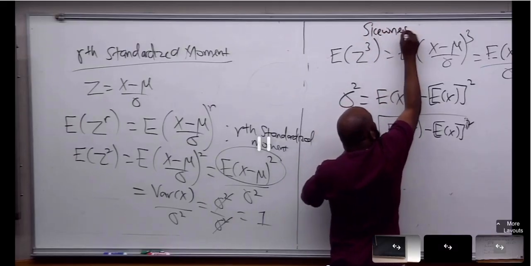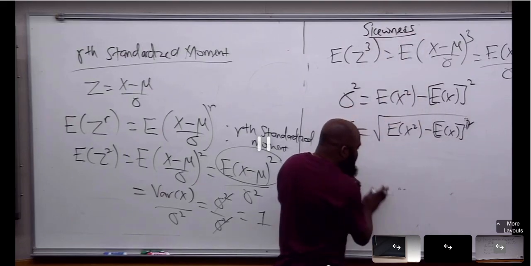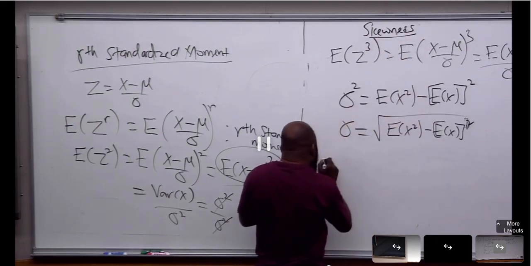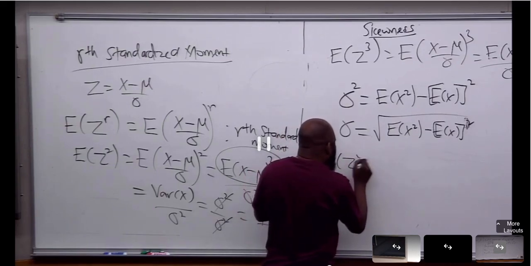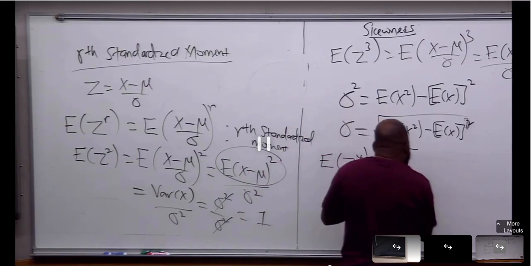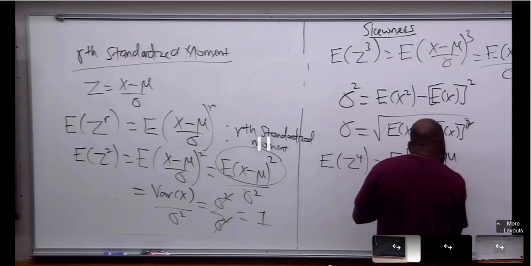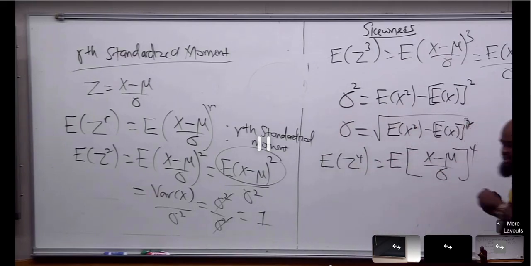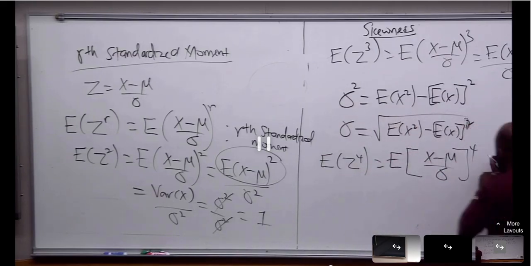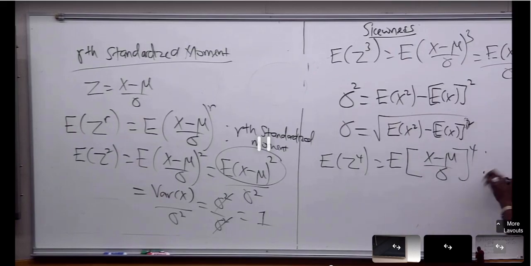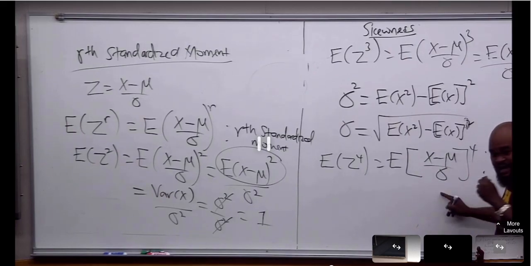The next one is when I raise it to power 4. Okay, then I want to do this guy. What is the essence of doing this? Raise it to power 4. We call this the fourth standardized moment. The fourth standardized moment will enable us to get kurtosis.